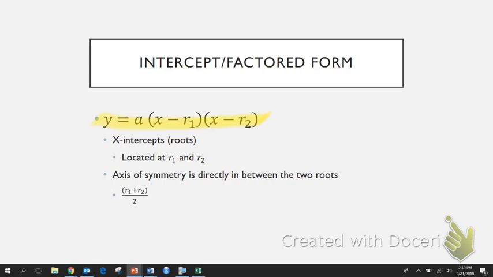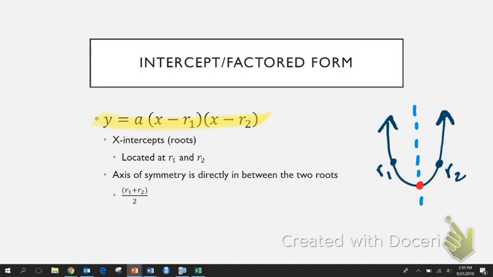The axis of symmetry we can also find from this. It's just not as straightforward. In vertex form, the axis of symmetry happens at x equals h. It's just the x value of the vertex. But here, if I have, let's say this is R2, this is R1, my axis of symmetry is perfectly in the middle of both x-intercepts.